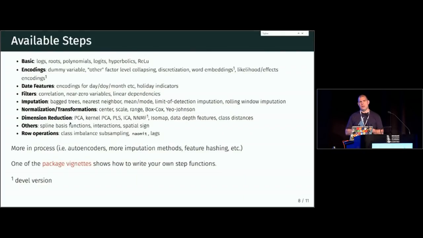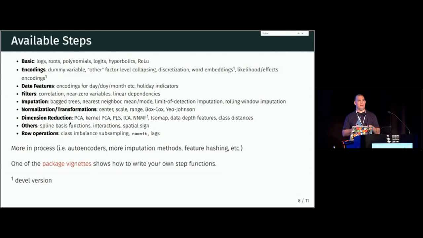There's a ton of statistical calculations, like different variations of PCA and dimension reduction bits you can do here, and splines and all this stuff. There's a lot of imputation methods. There's not as many as I want to have, but this is another good example. You can do inline things in the formula method, but if you want to impute a particular variable, it's possible that you could write an imputation step that you could use inline in model.matrix.